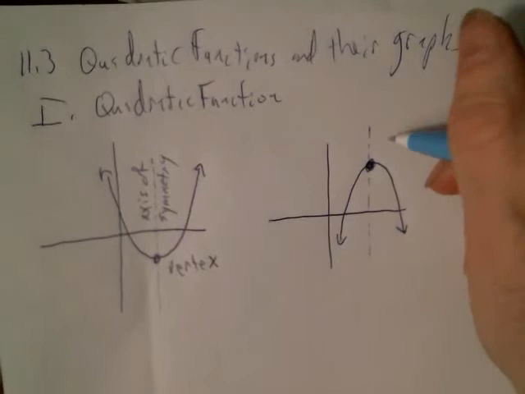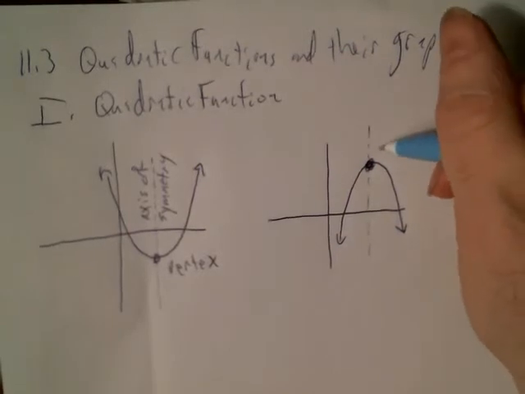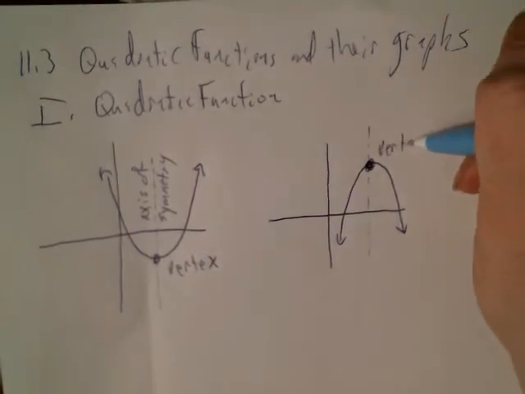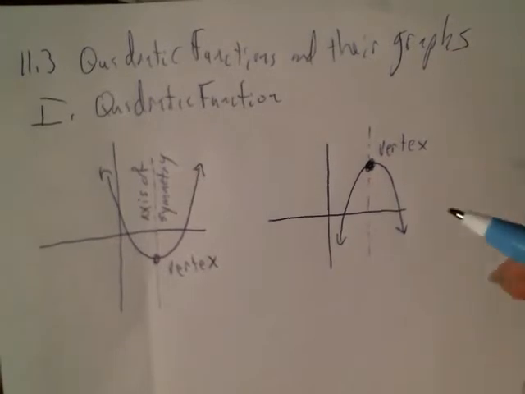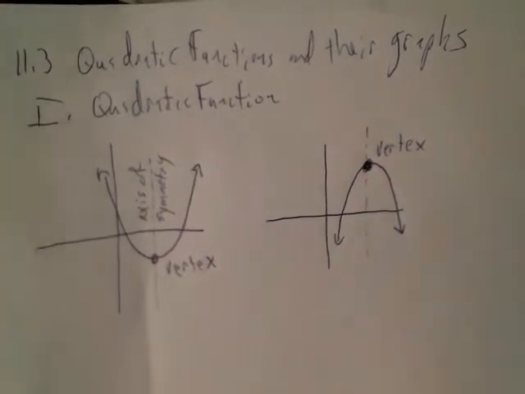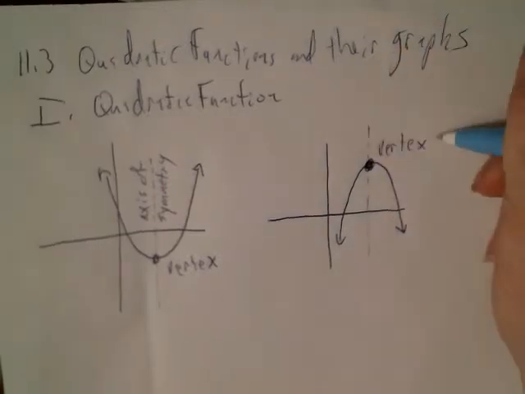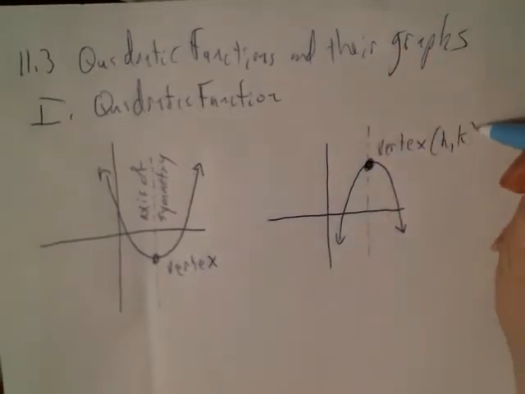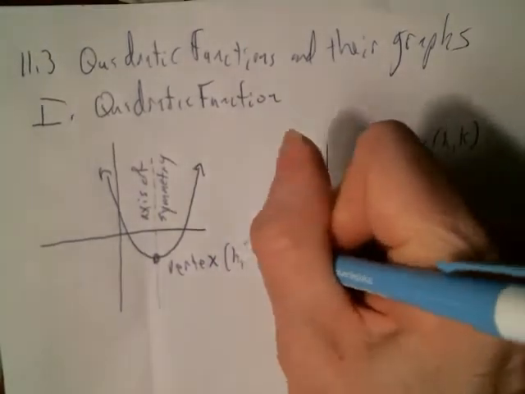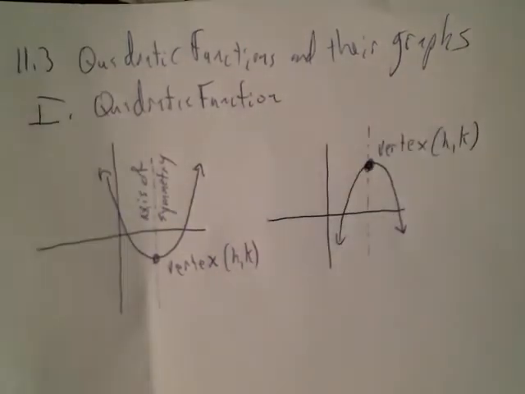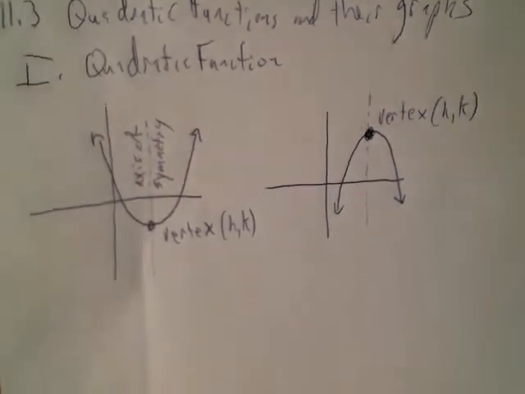So we call it a parabola, but there's the vertex. The vertex is usually given the point h comma k. You don't want to say x, y because it's confusing, so we just use the letters h and k.